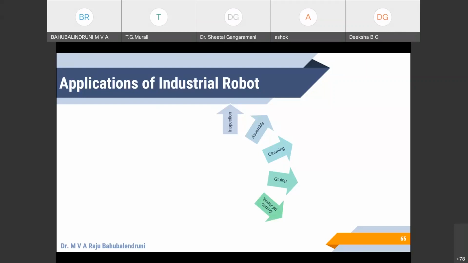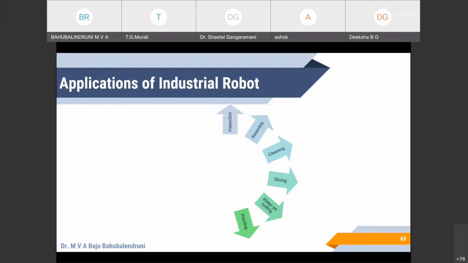And then water jet cutting, where precision is very important, and it is also so hazardous for a human to work within the environment. And the painting: sometimes the paints are so toxic in nature that humans are not supposed to inhale them. So robot painting is one of the very common things you can see in aircraft industries.